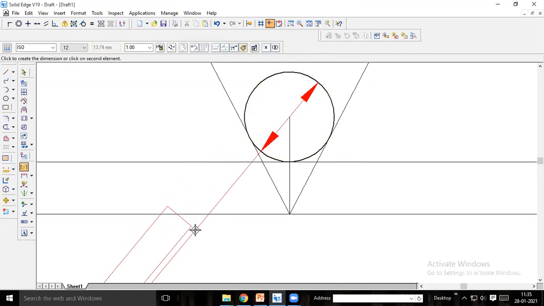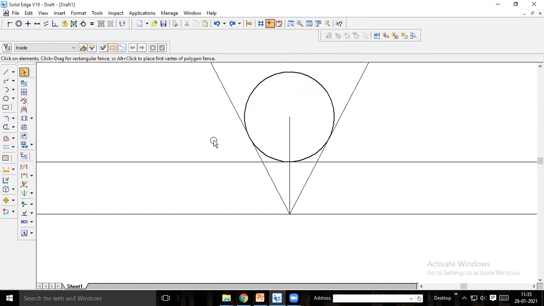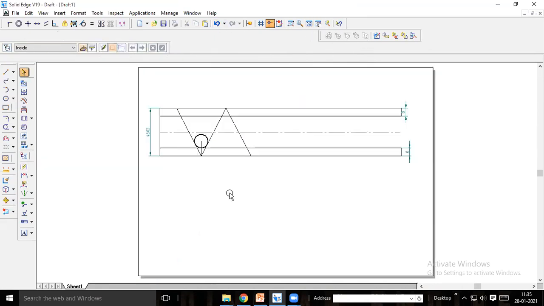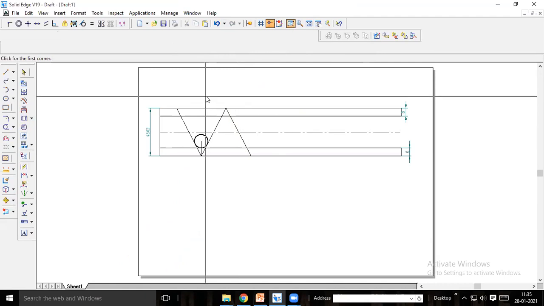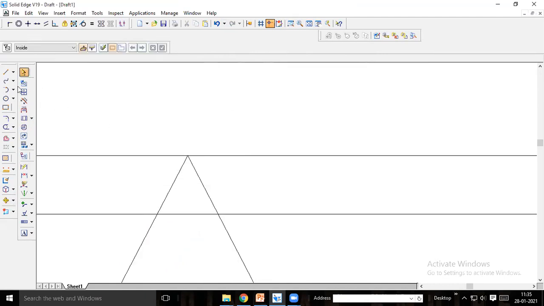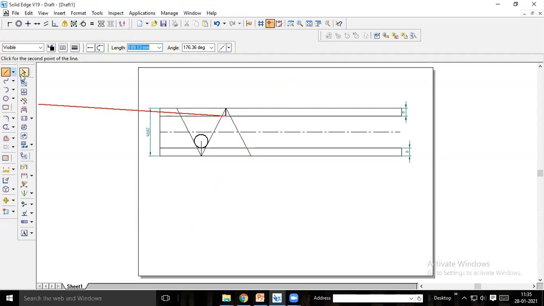Radius is equal to, diameter it is giving. On the other side, you also have to do the same way. Both sides will have the same thing. You just extend this line also. From this point it is 6.87, right?